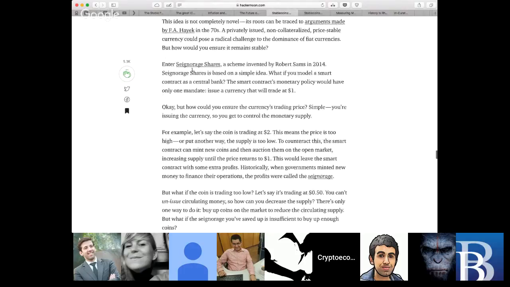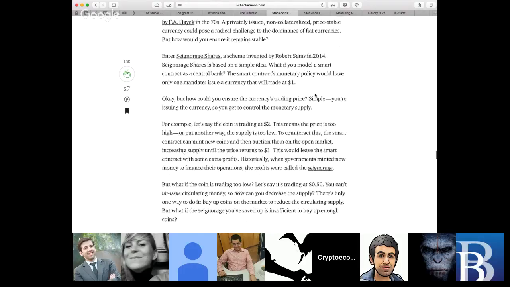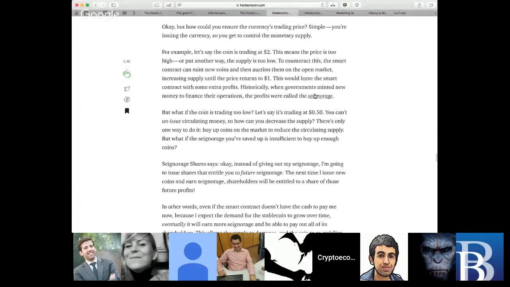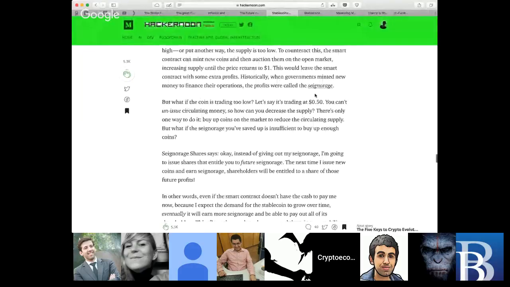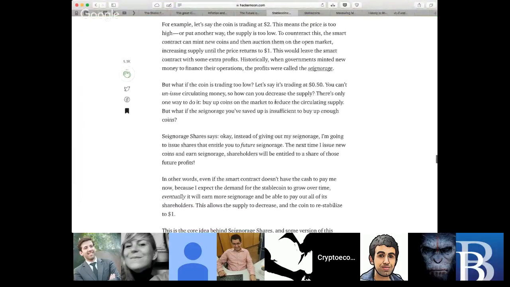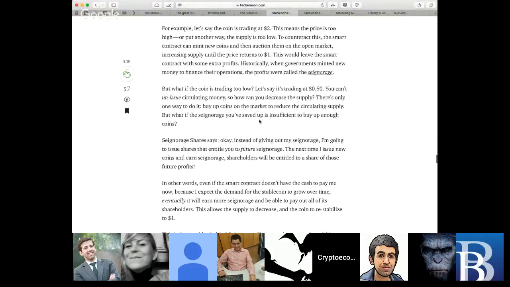This is what is called a seigniorage shares type of scheme, invented by Robert Sams in 2014. It can get a bit more complicated, but we won't get into the details because time is running. You can look it up for yourself here.